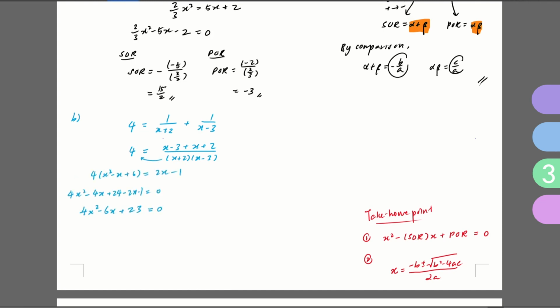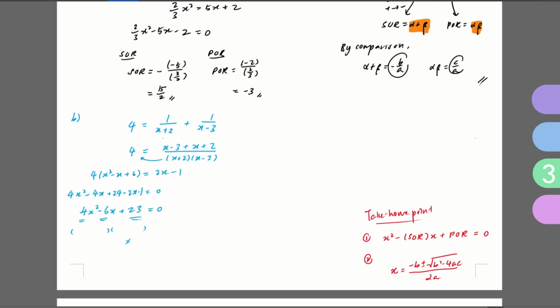Here we obtained a quadratic function. If you try to put these three numbers into the calculator to find x, it will give you a decimal answer. If that's the case, we cannot use the calculator and just straight put the answers here. This is wrong and will deduct marks.